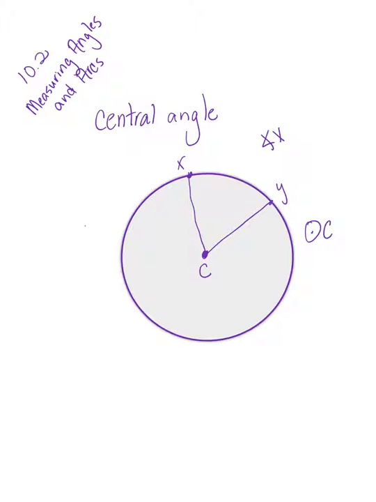So angle XCY is a central angle because its vertex C is the center of the circle. A central angle has as its vertex the center of the circle. And that angle, like all other angles, can be measured in degrees. And in this case, we're going to say, oh, this is about, we're just going to guesstimate, about 50 degrees.